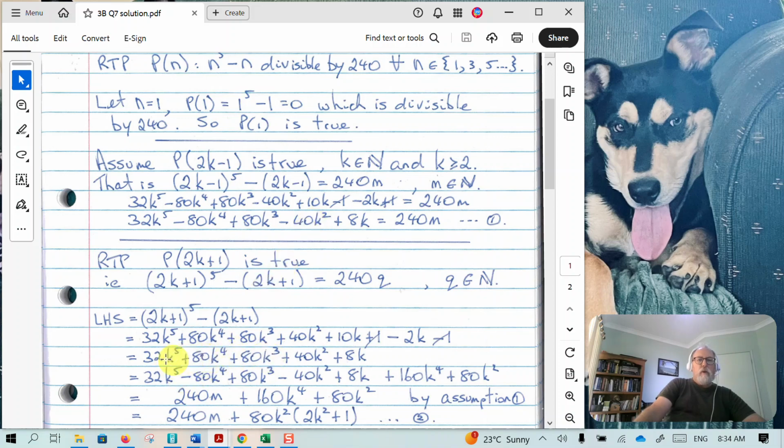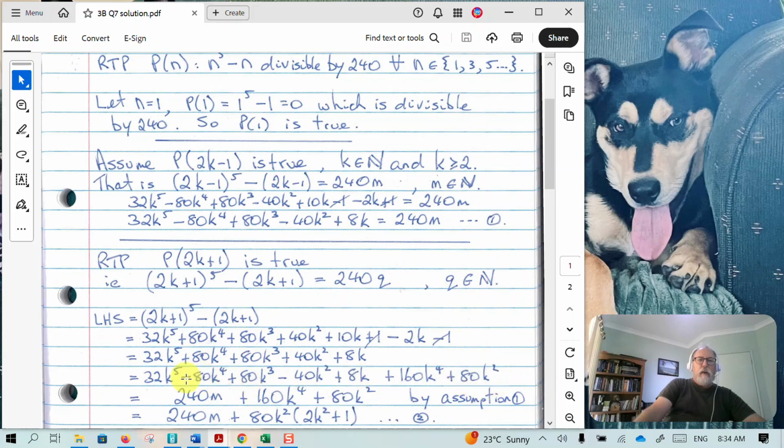So if I want to copy this line down and make that negative, I would have to compensate by adding 160k to the 4th over here. And if I want to change that from positive 40 to negative 40, I'd have to balance the equation by adding 80k squared.